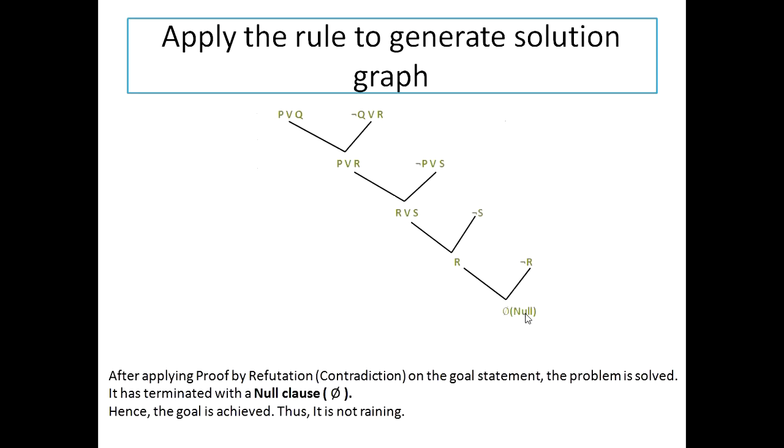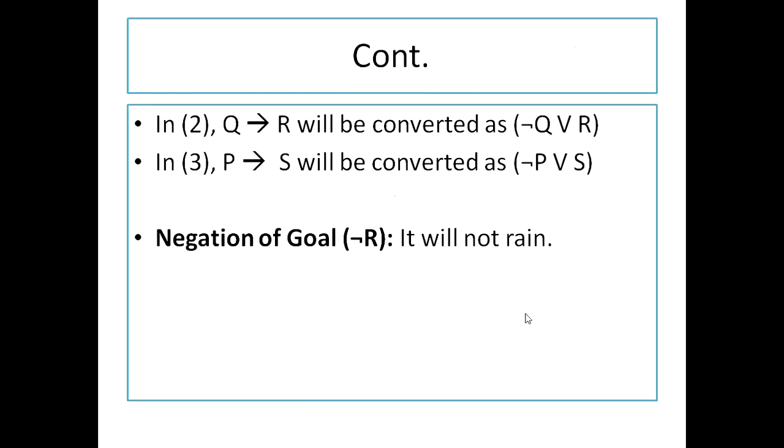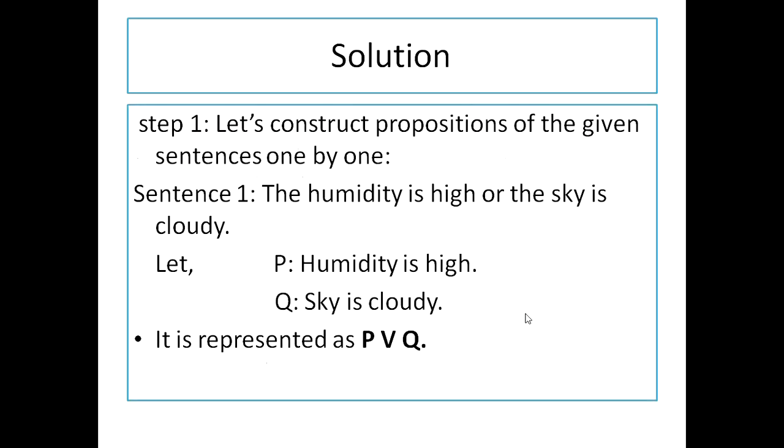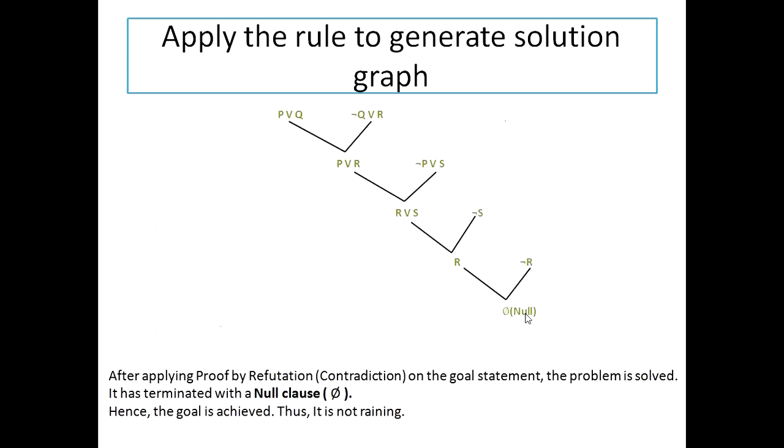Now let us take P or Q and negation Q or R. From step number 2, we generated negation Q or R, and P or Q we already generated in step number 1. We take these two clauses together.